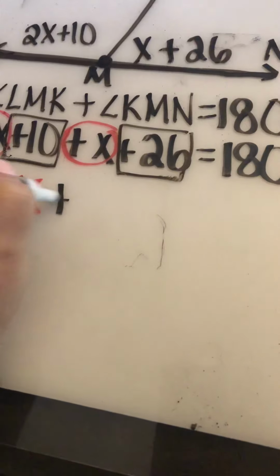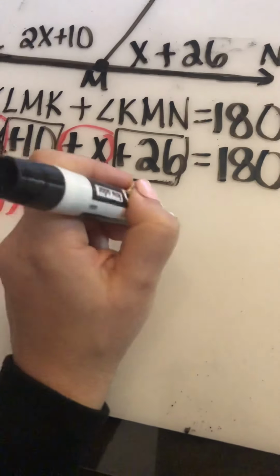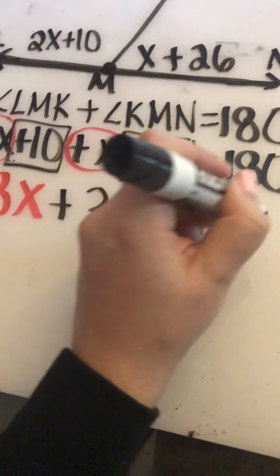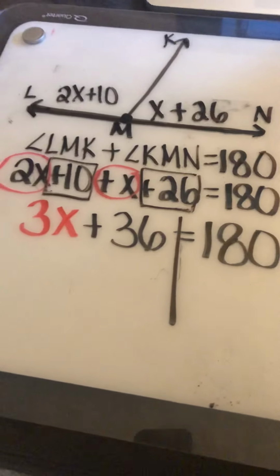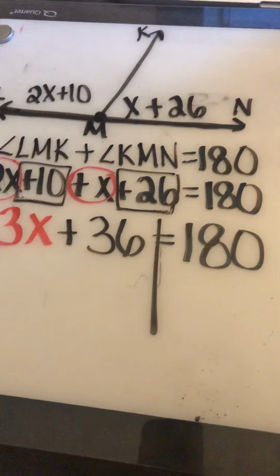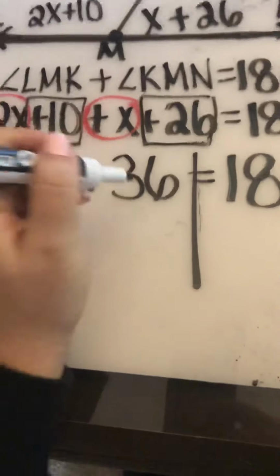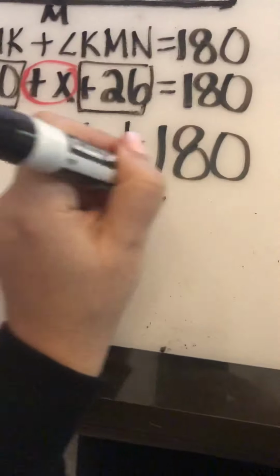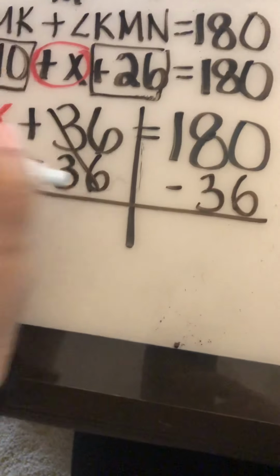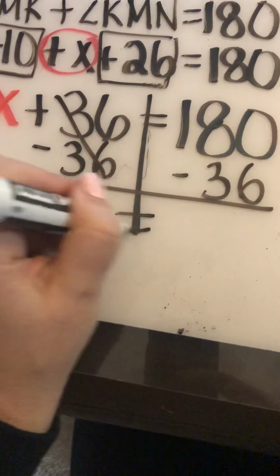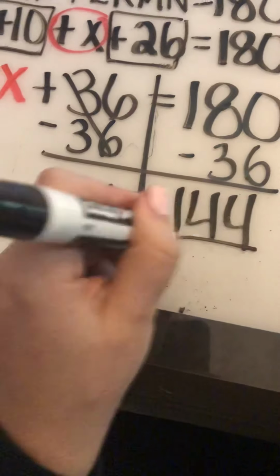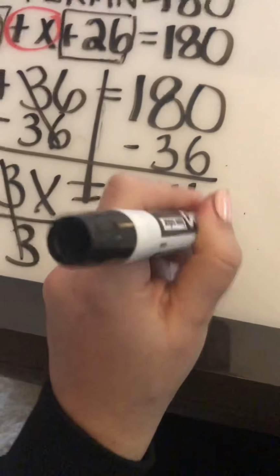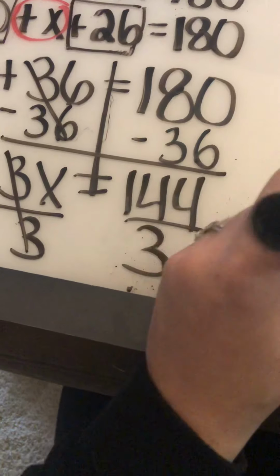That's going to give you a positive 36. So two sets of like terms to combine. But now, check it out. We're back to an equation that we know how to solve. This is something that you guys should all be comfortable with, right? So we're going to subtract 36 from both sides. We'll get 3x equals 144. And then we divide by 3. And we're going to get x equals 48.